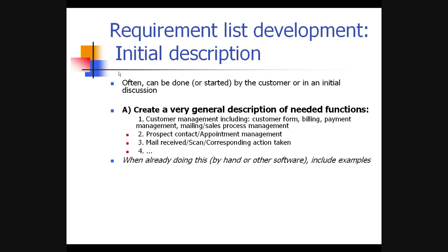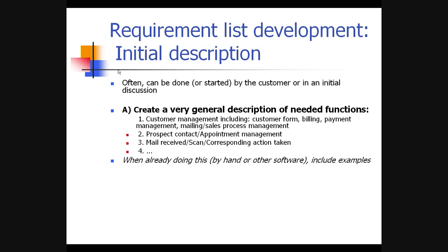When the customer is already doing this kind of thing, either by hand or using another software that is out of date or not complete or whatever, always include examples of the work that is currently done. For example, if the customer is asking you for a module to create invoices, there's a very good chance that they're already doing invoices one way or another.